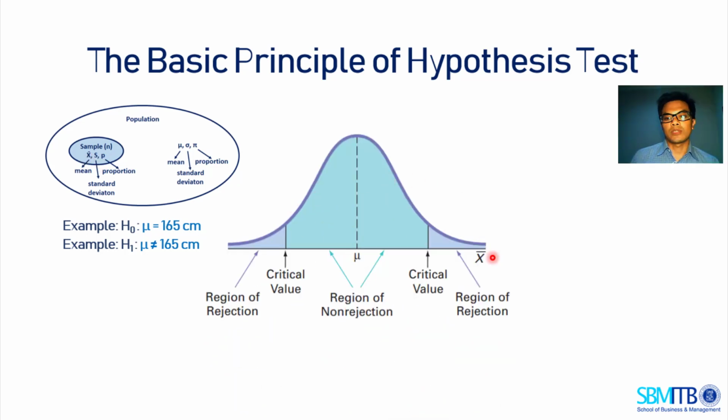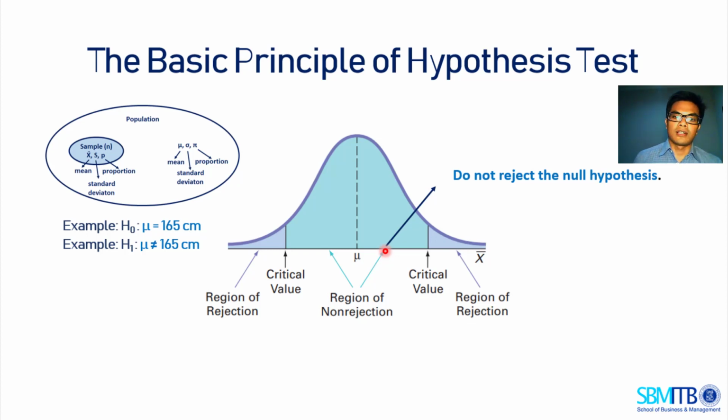What we do is compare the mean of the sample with the mean of the population. If the sample's mean lies nearby the mean of the population, or if the mean value of the sample lies in the region of non-rejection, then we must not reject the null hypothesis.